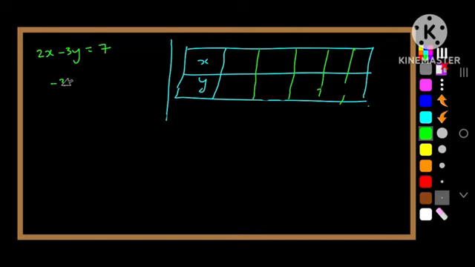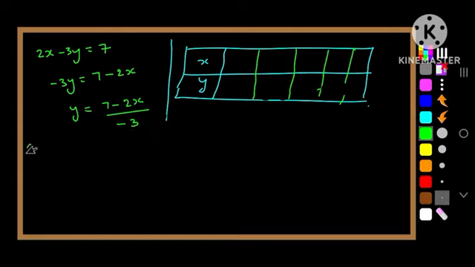So here minus 3y is equal to 7 minus 2x. So y is equal to (7 minus 2x) by minus 3. So this is our y value.